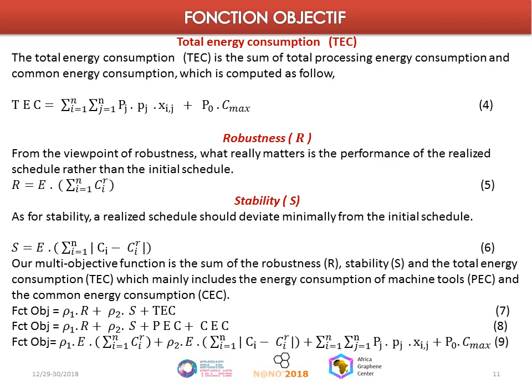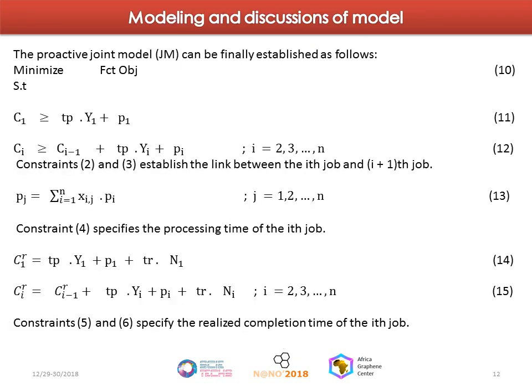Thus, the expected sum of absolute deviations of the completion times of jobs is used as the stability measure. Our multi-objective function is the sum of robustness, stability, and the total energy consumption, which mainly include the energy consumption of machine tools and the common energy consumption.